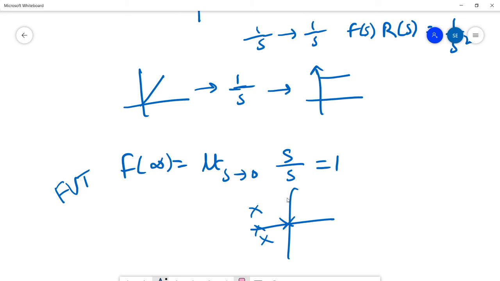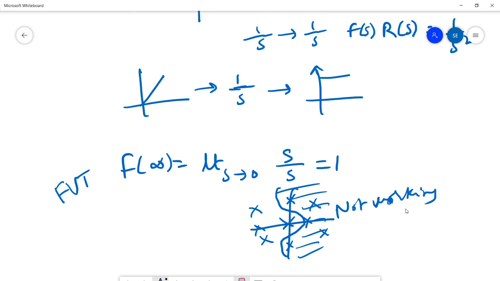It is not working when you have poles on imaginary axis and the poles on right half plane. So for all these cases, it is not working.